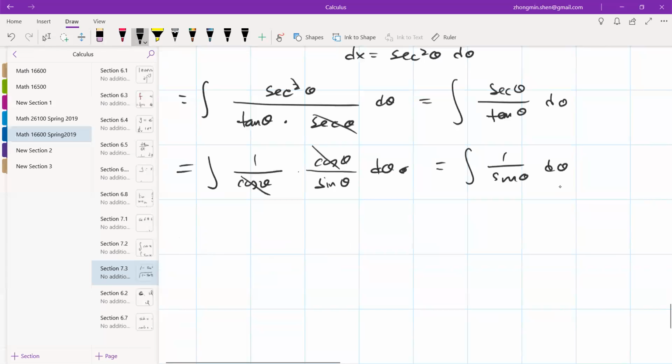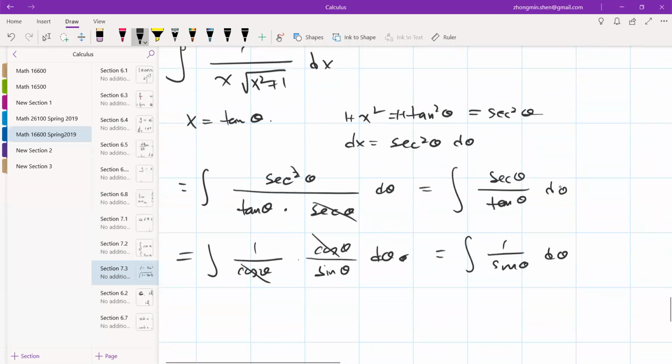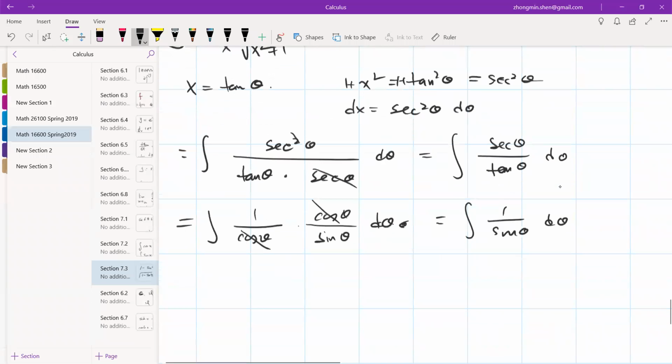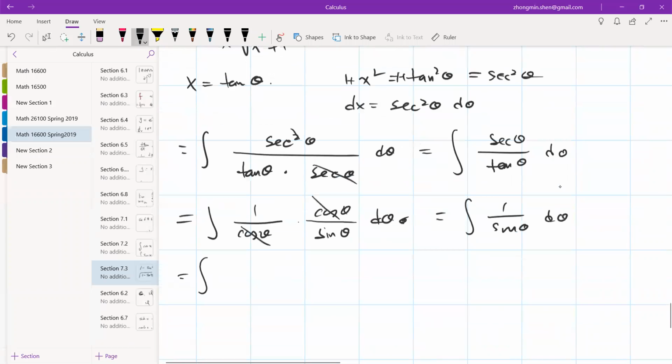Okay, so you get this natural trigonometric substitution. You end up with the integral of cosecant theta, right? Then you look at the book, and there is a formula there. It's going to be the natural log of cosecant theta minus cotangent theta, plus a constant. Okay, suppose you get this.